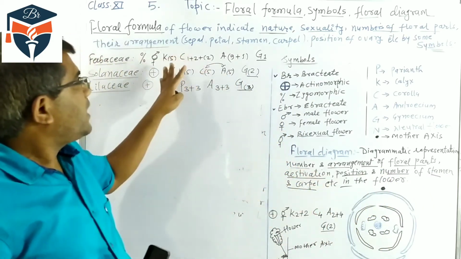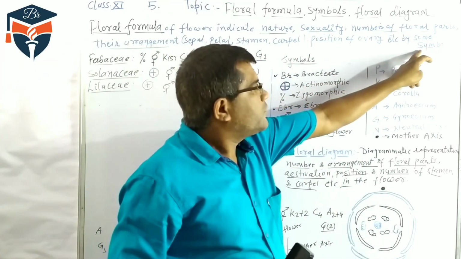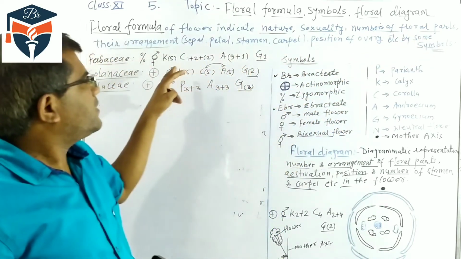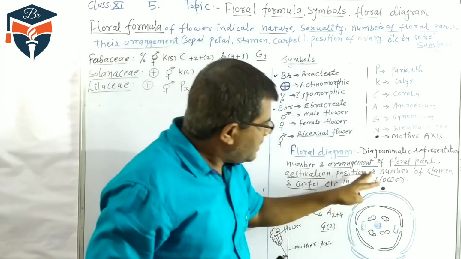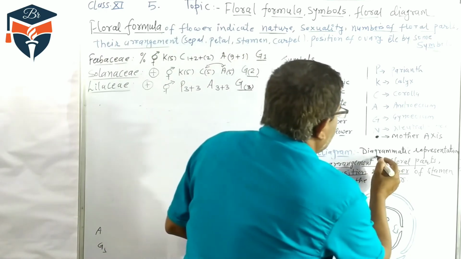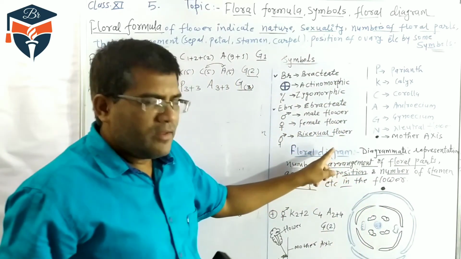If parts of the flower are indicated in symbolic form, it is called floral formula. But if it is indicated diagrammatically, then it is called the floral diagram.